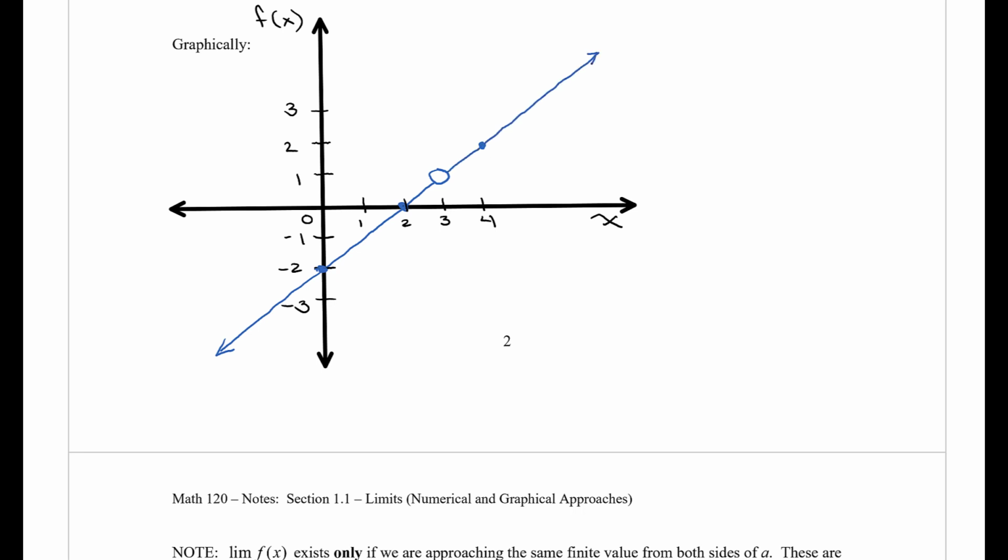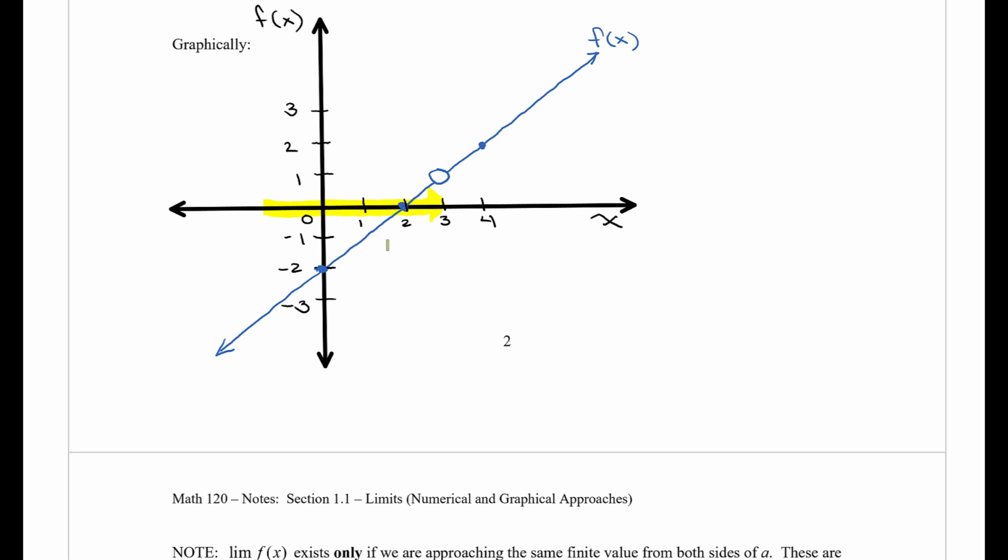In order to demonstrate that I am approaching 3 from the left-hand side, I'm going to highlight on the x-axis in yellow, coming in from the left towards 3. So I'm going to take my yellow highlighter and highlight coming in from the left-hand side towards 3 in yellow. And this is going to demonstrate as I'm approaching x equal to 3 from the left.